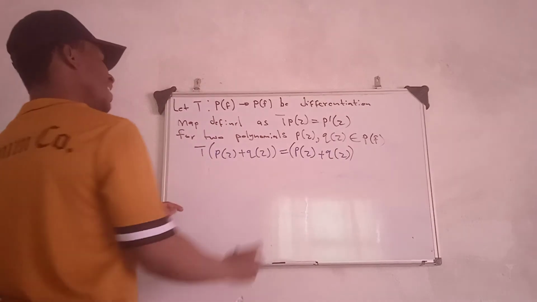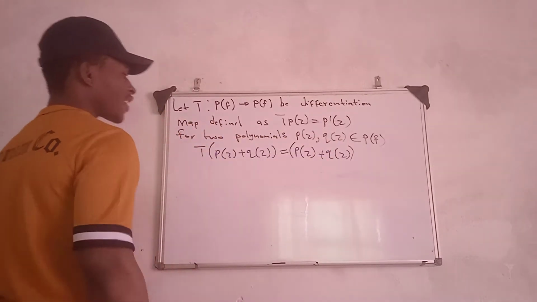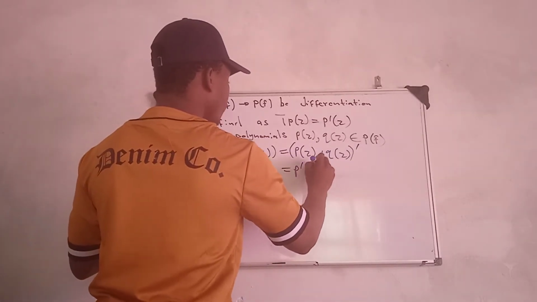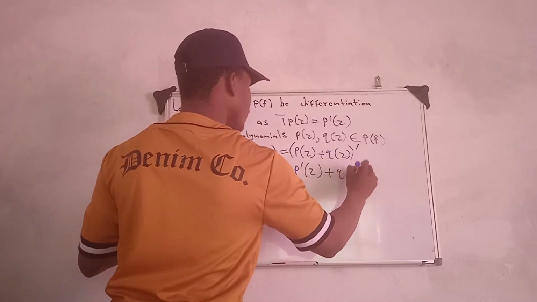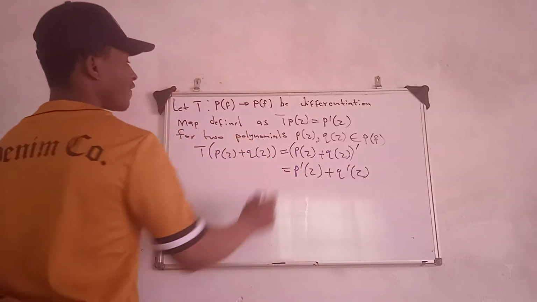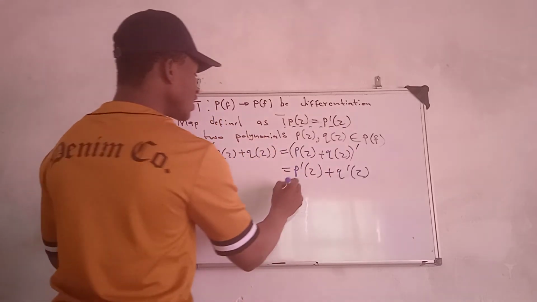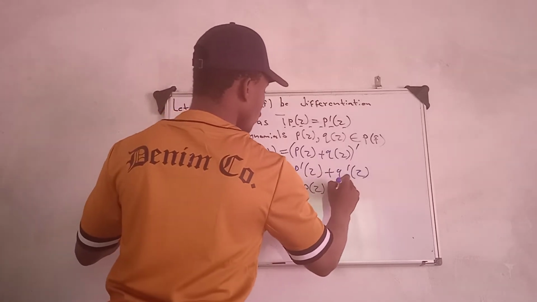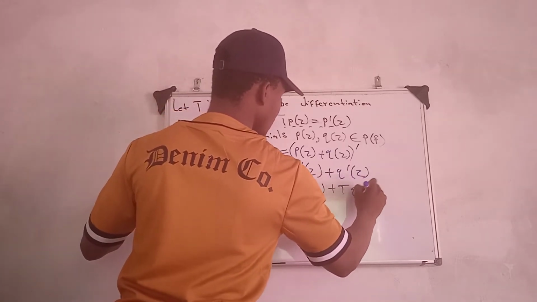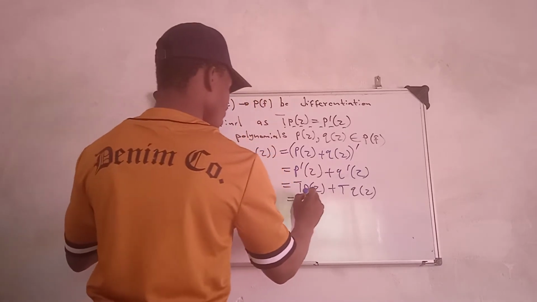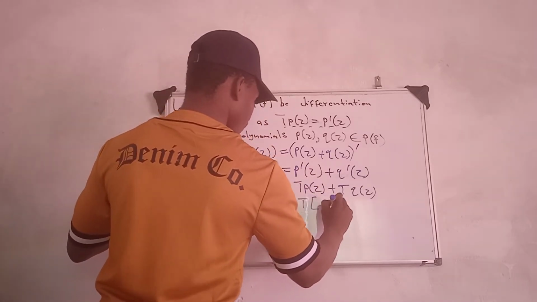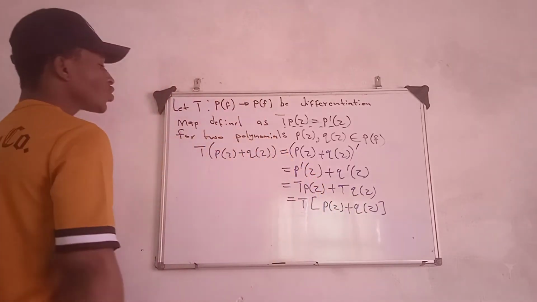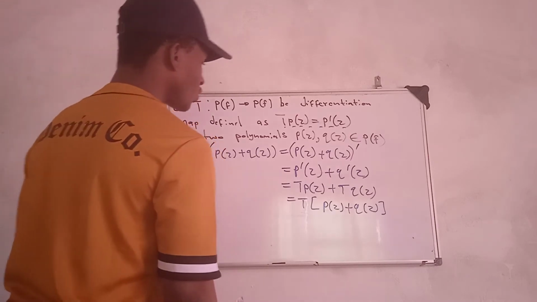When we add these polynomials, we must also differentiate them. And when we differentiate them, we get p'(z) plus q'(z). And this brings us to the first condition. So this will be T p(z), and this one will be T q(z). And this can be written as T(p(z) + q(z)), according to the first condition that I've given.